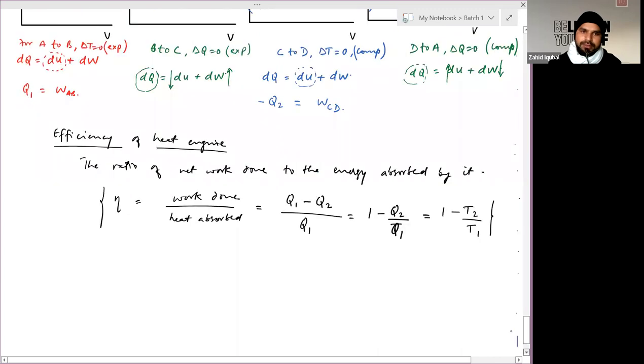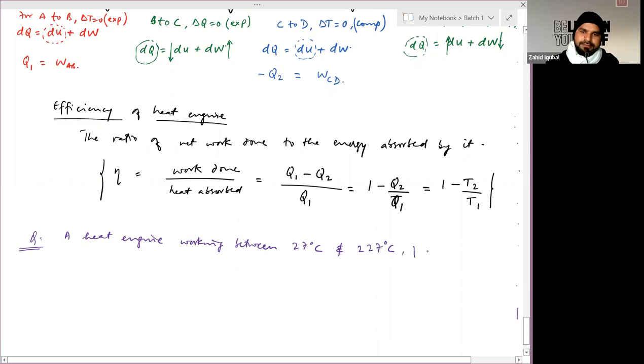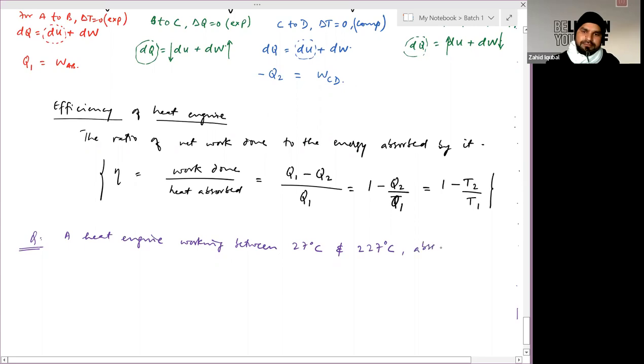Now, related to this part, you will be asked: a heat engine working between 27 degrees Celsius and 227 degrees Celsius absorbs 2 kilojoule of heat from the source in each cycle.